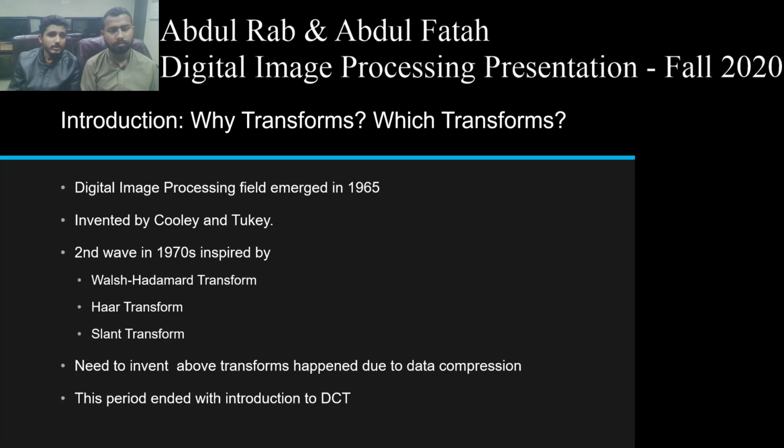The reason that we are using transforms is that the invention of digital image processing actually depended upon the transforms, because it started due to the fast Fourier transform in 1965. This was the first phase in 1965.